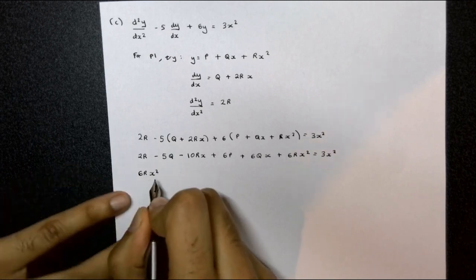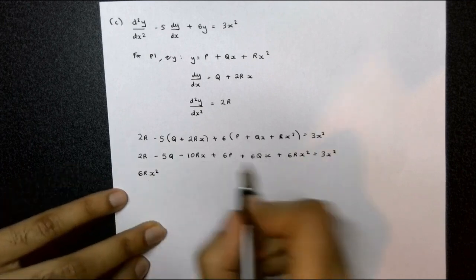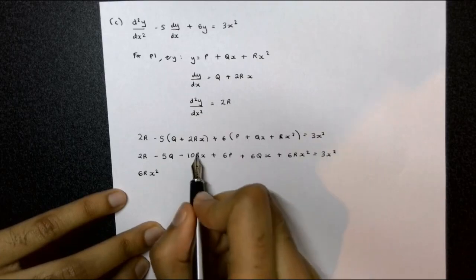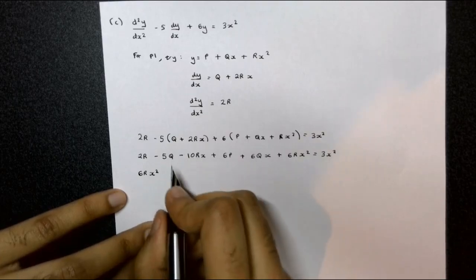If we gather all the terms involving an x, we've got 6q and we've got minus 10r.